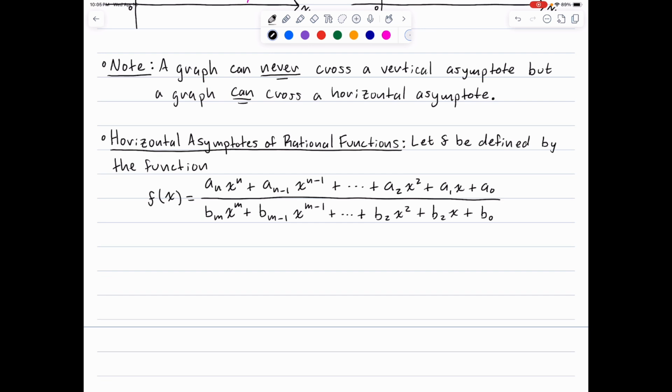Notice this is just like p of x over q of x. It's just that we're writing out the definition of a polynomial. So it's still a polynomial over a different polynomial, even though it looks kind of crazy here.